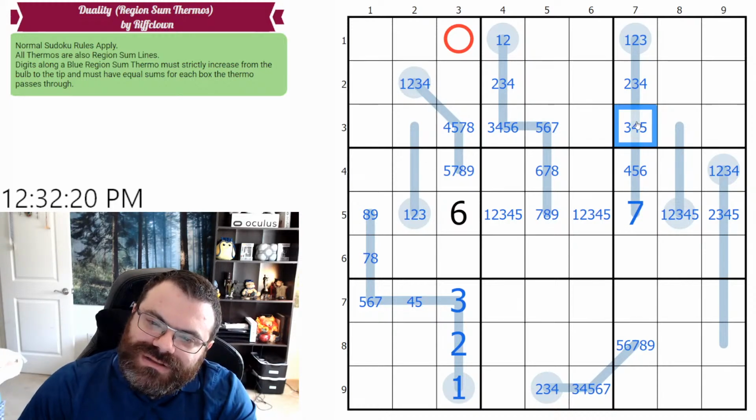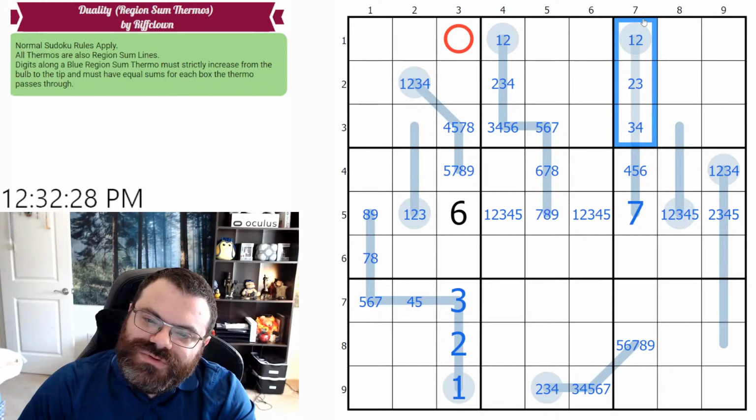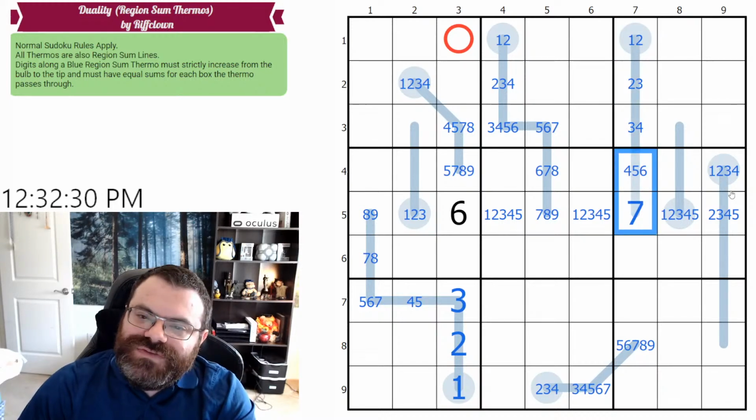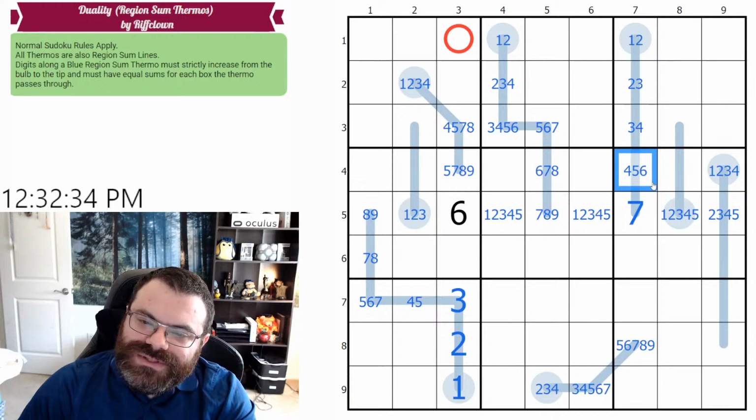So this can't be a 5 because we can't reach that high. So that removes 5, 4, 3 from here. So now the max this can be is 2, 3, 4, which is 9, and this can't achieve 9. So I don't know exactly how that happened, but it can't be 7.